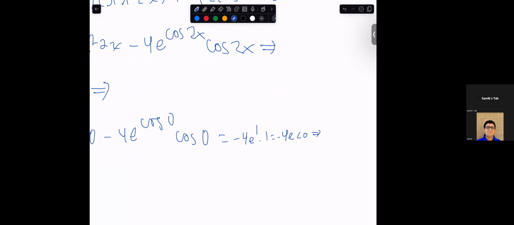Whenever the second derivative test gives us less than 0, that means it's a maxima, and whenever it's greater than 0, it's a minima. After you put x equal to 0 into the function, or whatever variable you have, if the output is less than 0, then that means maxima, and if it's greater than 0, then it's minima.